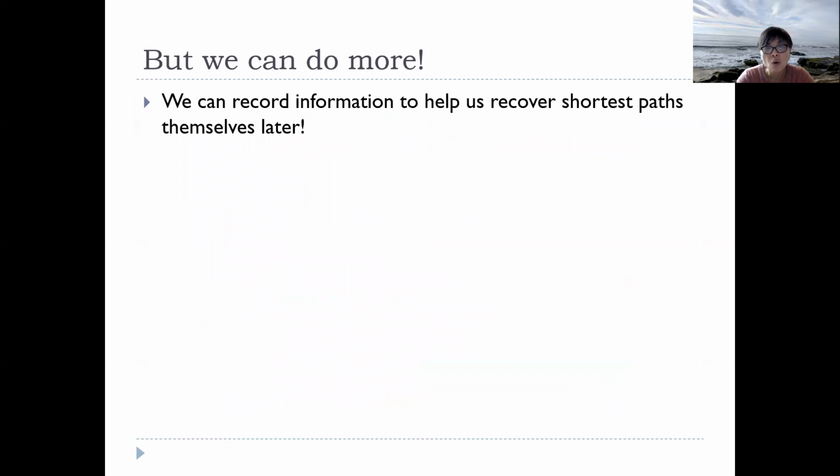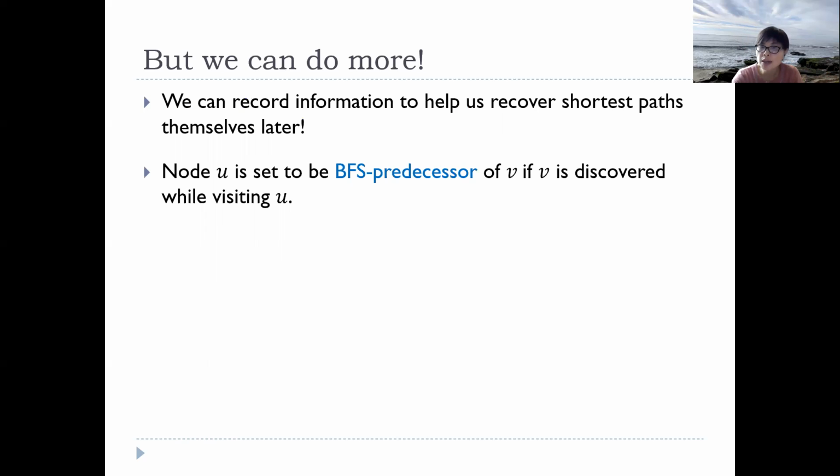All right. But we can also record a bit more, which can later help us to recover the shortest paths themselves, not just the shortest path distance from the source to this node. We can record information which can help us to retrieve the shortest path as well. In particular, for every node V, not only do we record its shortest path distance, we also remember who its predecessor is along some shortest path.